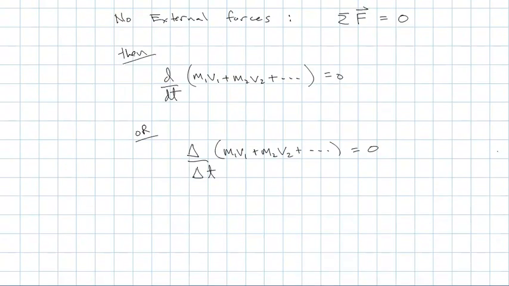And because of that, you can very quickly come up with the rate of change with respect to time of this quantity, mv, for all the objects in our system, has to be zero. It does not change in time. That means that this quantity is constant.